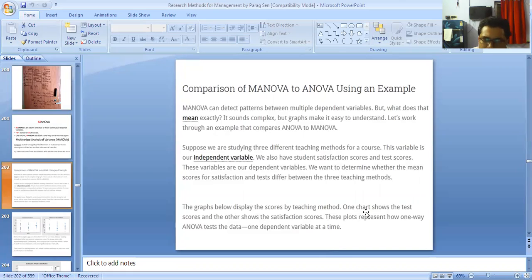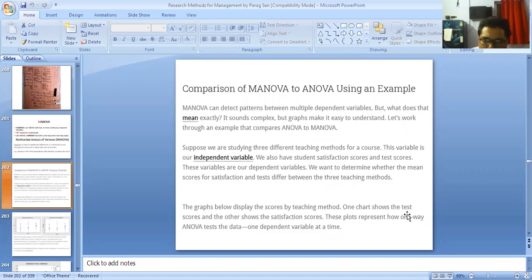Or alternatively, we can also say whether there is an association between the teaching methods and the satisfaction and test scores. The graphs below display the scores by teaching method.